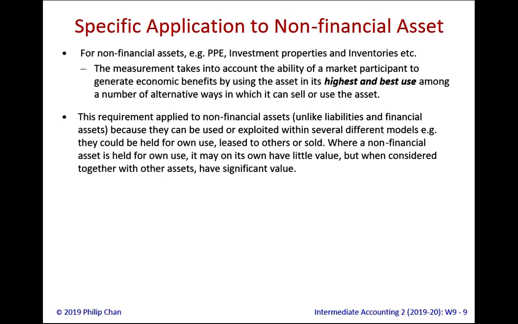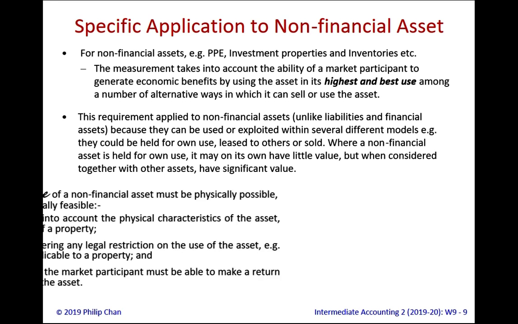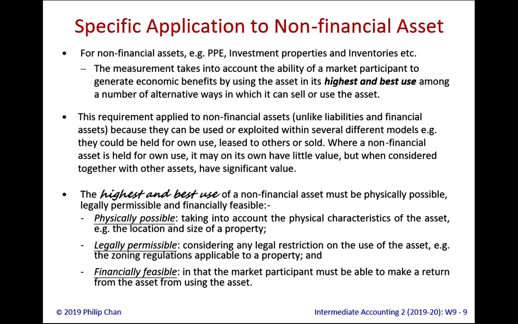Within this concept, the emphasis is that the highest and best use of the asset must be physically possible, legally permissible, and financially feasible. Physically possible means you take into account the physical characteristics of assets, such as the location and size of a property.